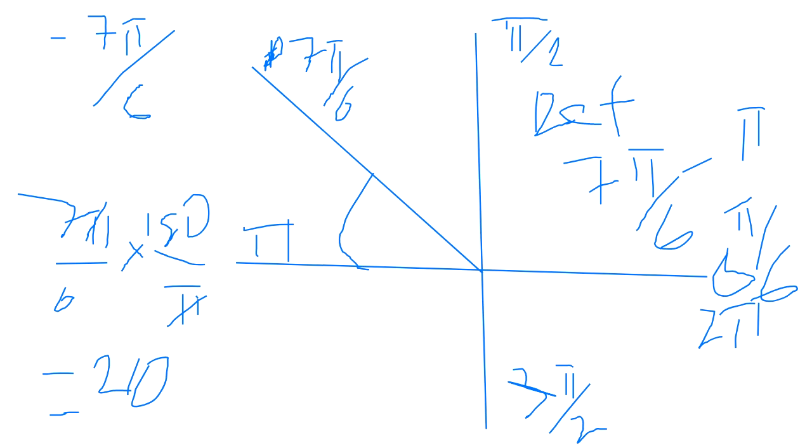Okay, so if we can find the reference angles, then I should believe that now you can answer question 8, and you can also find the trig ratios of angles by first finding the reference angles.